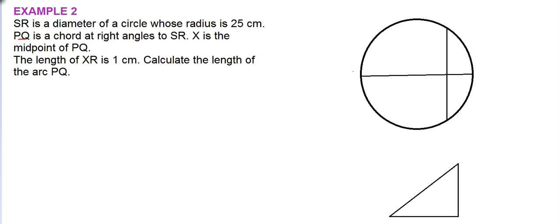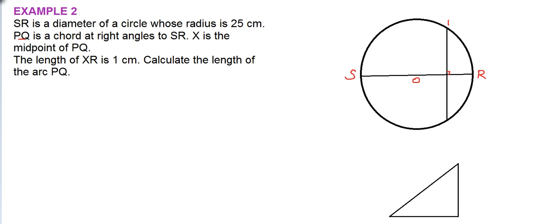So SR is a diameter, with center at origin. And then it goes PQ is a chord at right angles to SR. So a chord is at right angle, so this is right angle here.